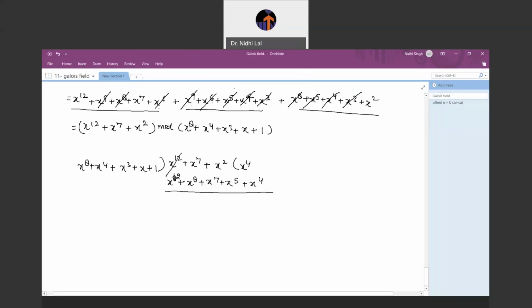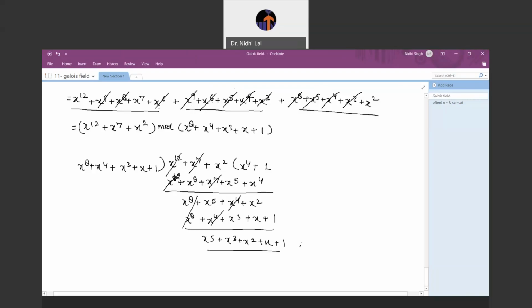So x12 will be cancelled with x12, x7 also will be cancelled. The remaining ones are x5, x4, and plus x square. Now plus 1, so 1 will be x to the power 8, x4, x cube, x plus 1. Cancel the common terms. So the answer will be x5, x3, x square plus x plus 1. That will be your answer after multiplying the two polynomials.